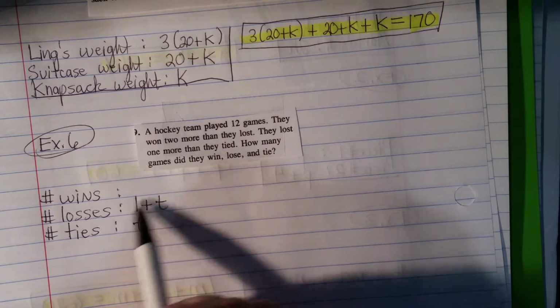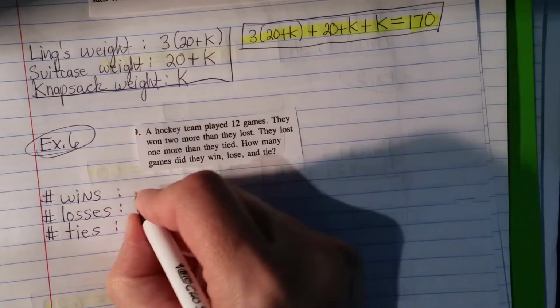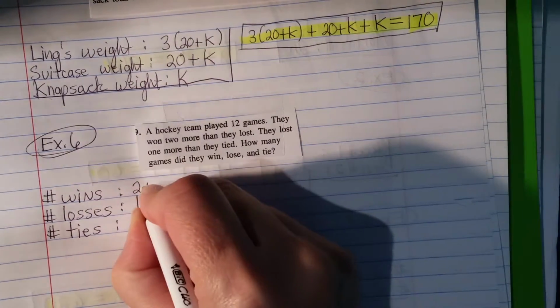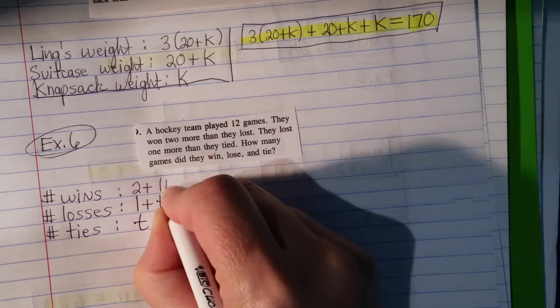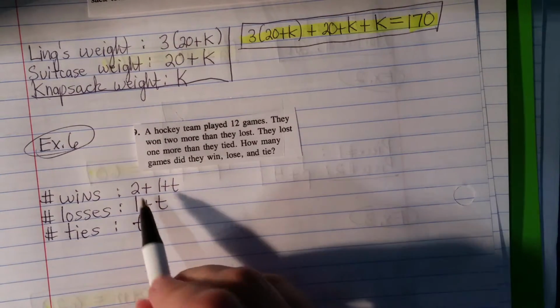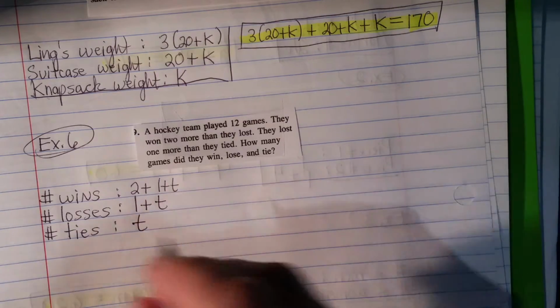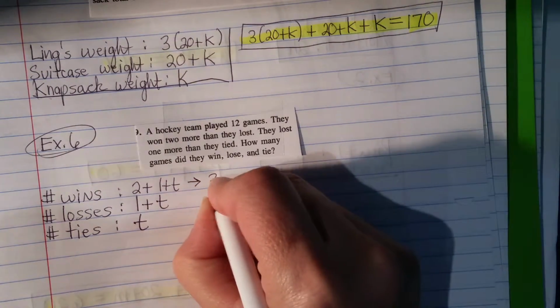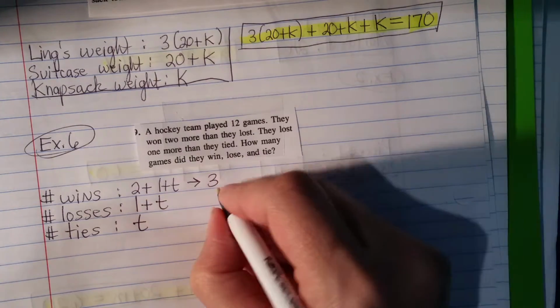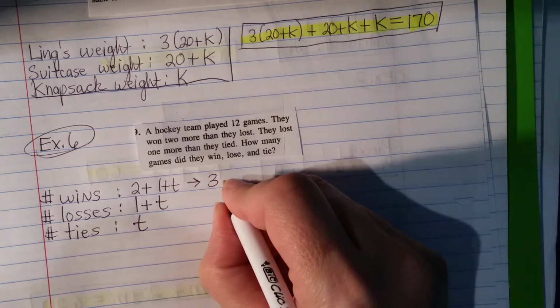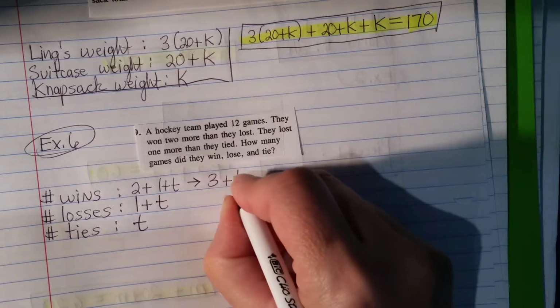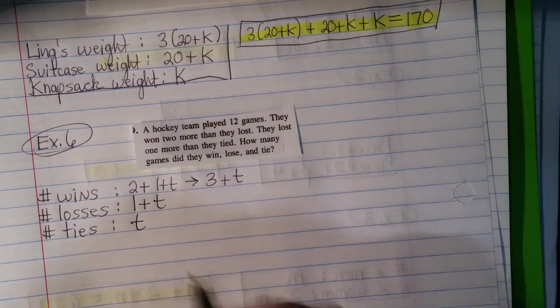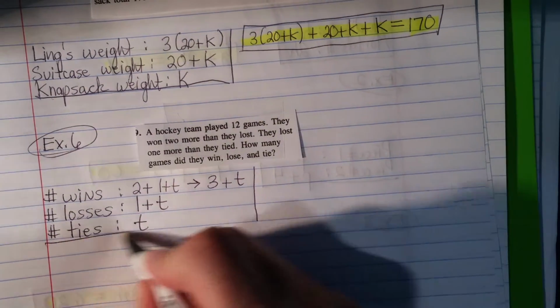So whatever this is, plus 2, gives me the wins. 2 plus 1 plus T. Now I can simplify this a little bit by combining like terms. So this is 3. I can add the 2 and the 1 because those are like terms. 3 plus T for the number of wins. That was the hard part.